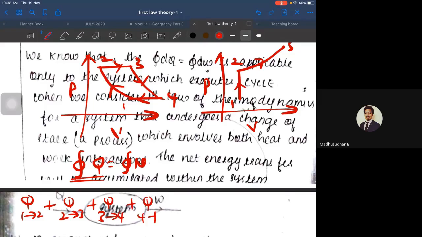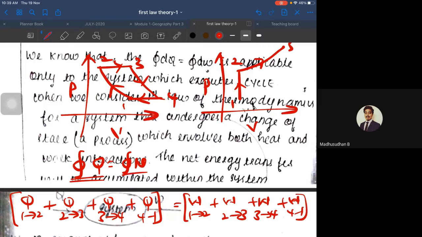This is equal to the cyclic integral of W, which means W 1 to 2 plus W 2 to 3 plus W 3 to 4 plus W 4 to 1.